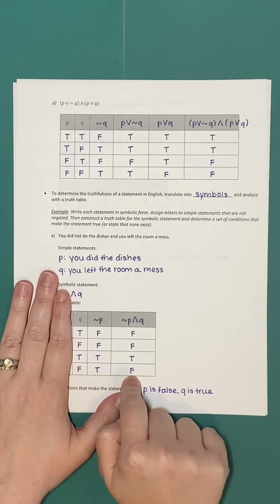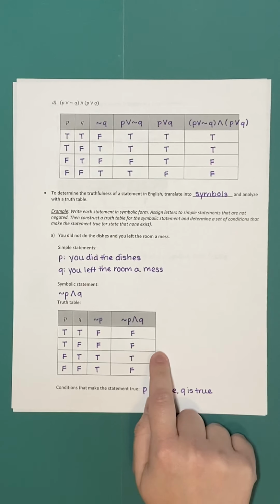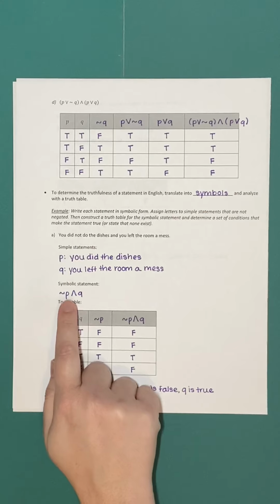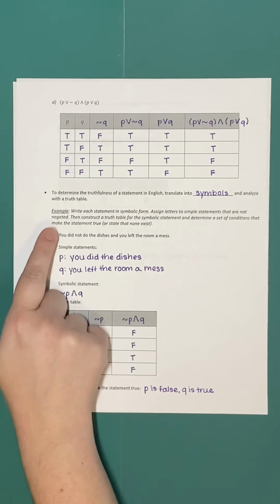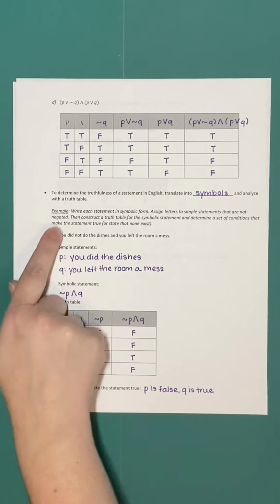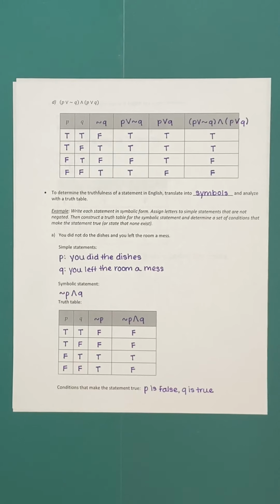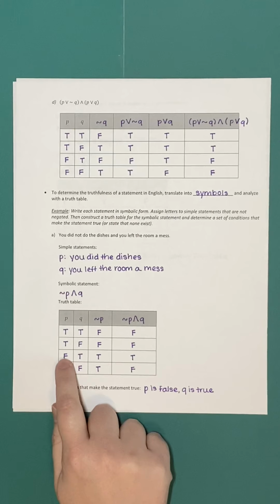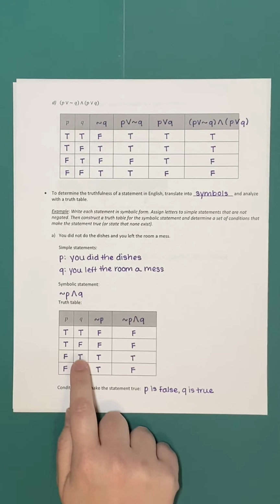So if we look at the last column, there's only one set of conditions that actually lead us to a true conclusion. So the only way that statement as a whole would be considered true is if the original statement P is false and the original statement Q is true.